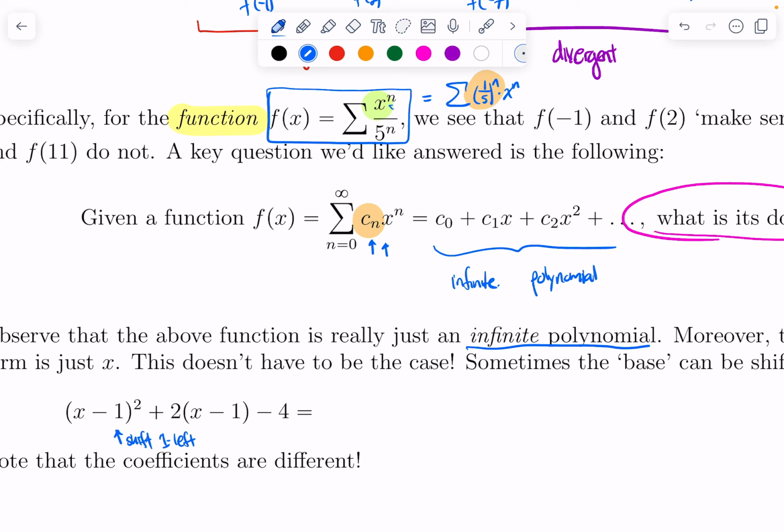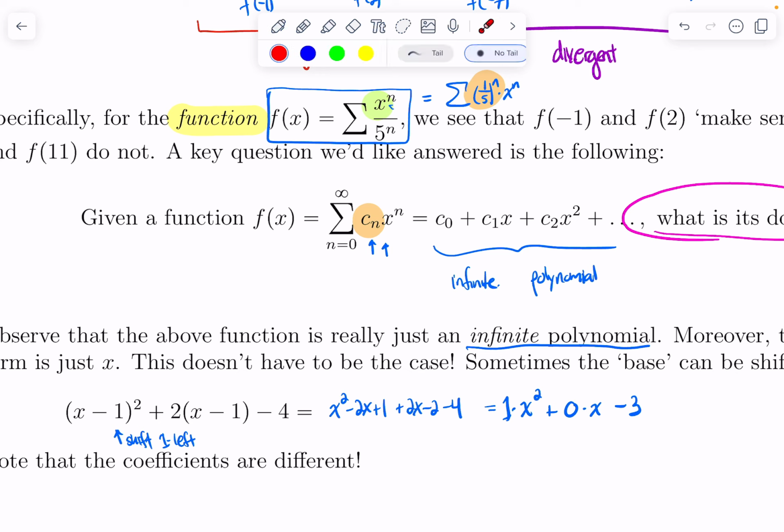If I were to FOIL all of this out, let's see what I get. I get x squared minus 2x plus 1 plus 2x minus 2 minus 4. Regroup these terms, I'm going to get x squared with a 1 out front, plus it looks like 0x, because they all cancel, and then minus 3.